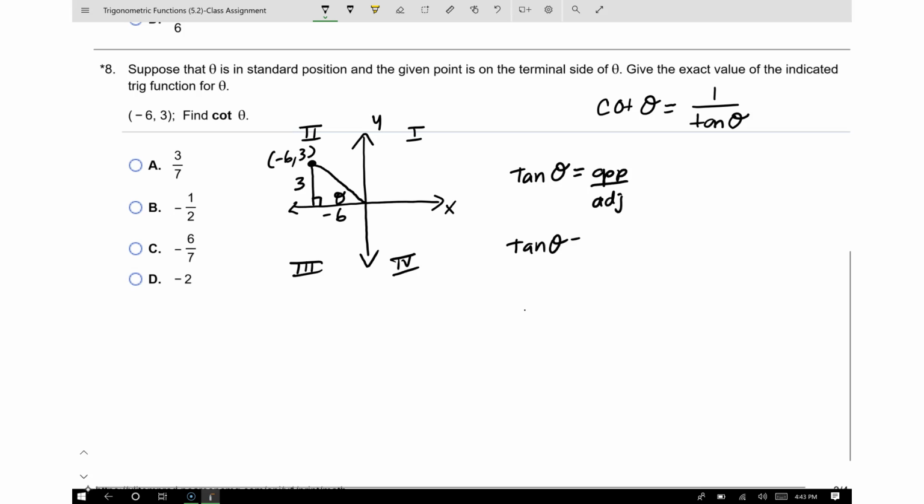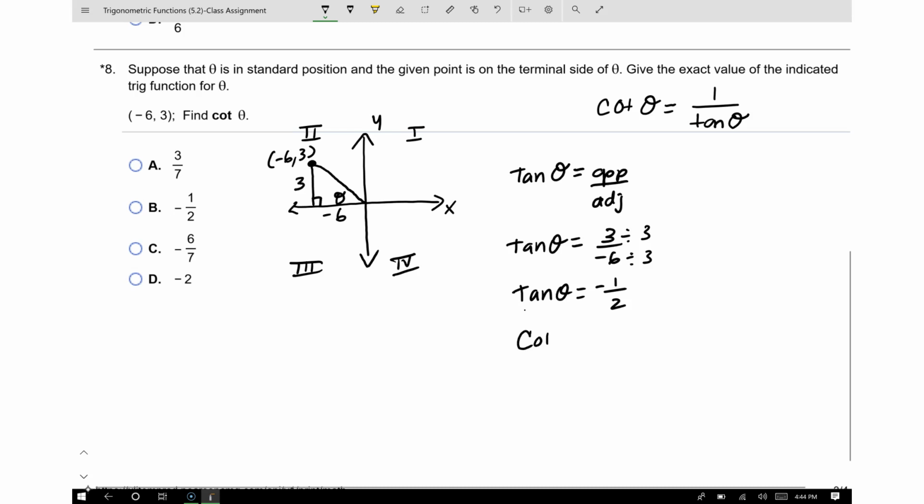So the tangent of theta will be the opposite, which is 3 over negative 6. And we notice that we can simplify by 3. So we have 1 over 2, negative 1/2.